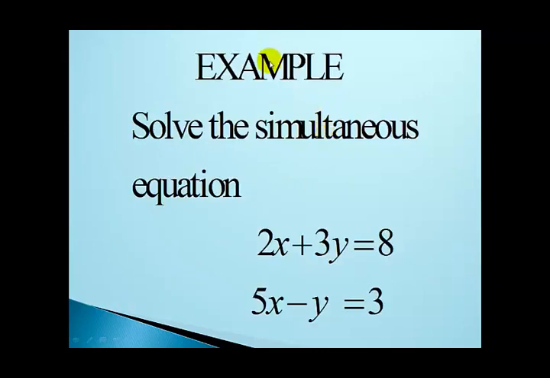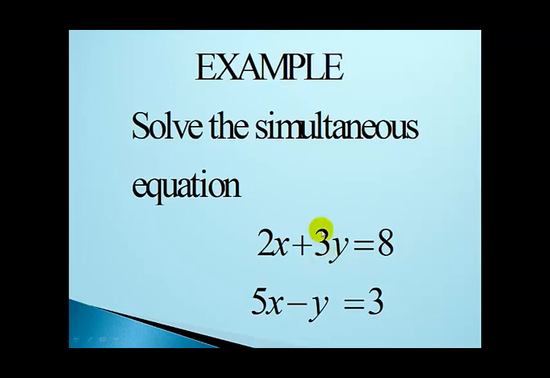Now, example: solve the simultaneous equations 2x plus 3y equals 8, and 5x minus y equals 3. Solving the simultaneous equations means that we are supposed to solve for the variables, that is x and y.